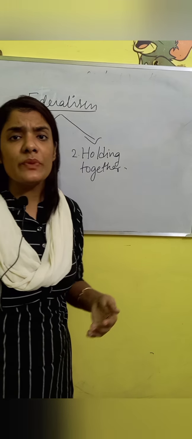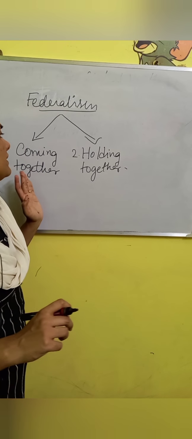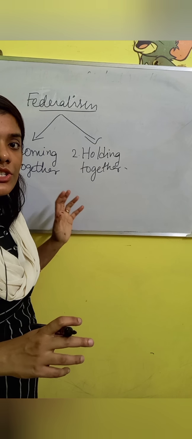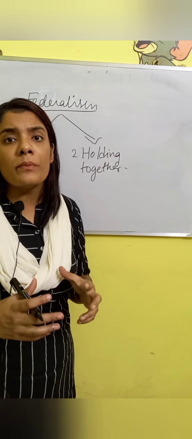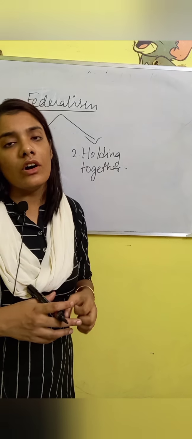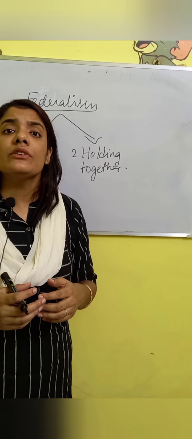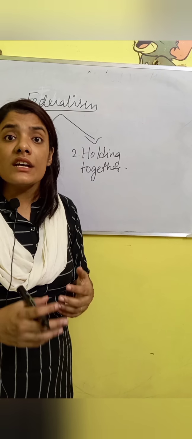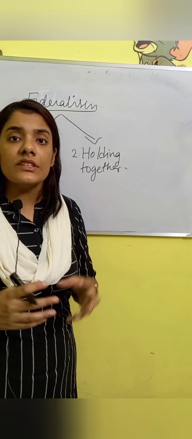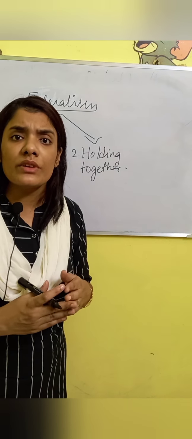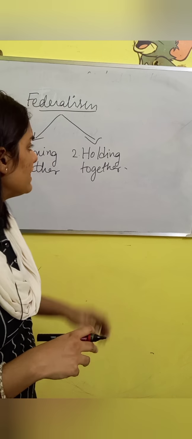So what is the difference between them? When the various constituent units come together and decide to form a central government, that is called a coming together federation. Why do they decide to do so? Just to retain their sovereignty and integrity. For that reason, the different constituent units decide to come together and form a single central authority. That is called a coming together federation.